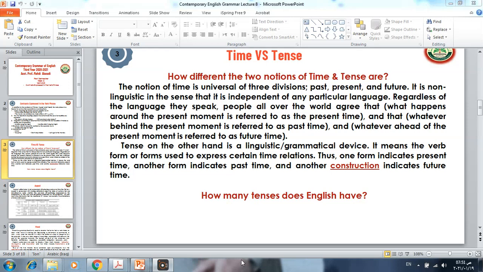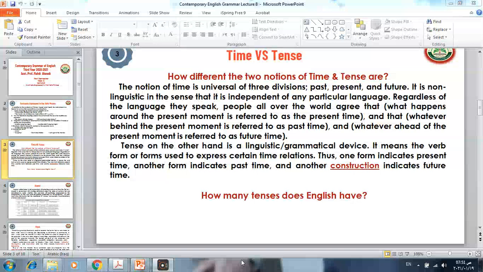If we want to make this kind of comparison of differentiation between the two, we need to consider the following. The notion of time is universal over three divisions, which are the past, present, and future. It is non-linguistic, it is non-grammatical, in the sense that it is independent of any particular language.